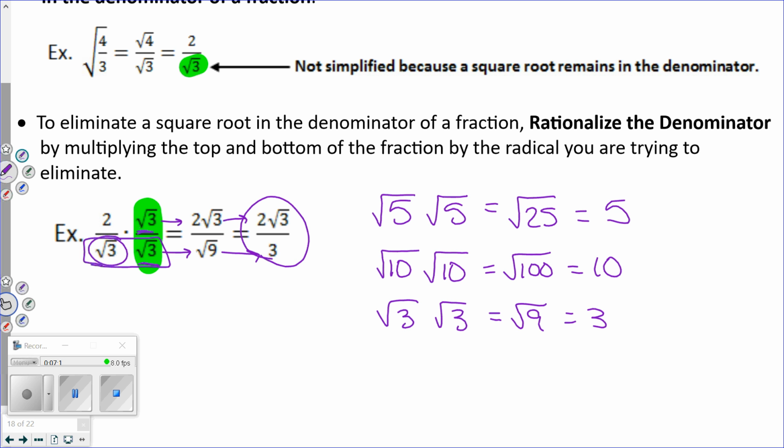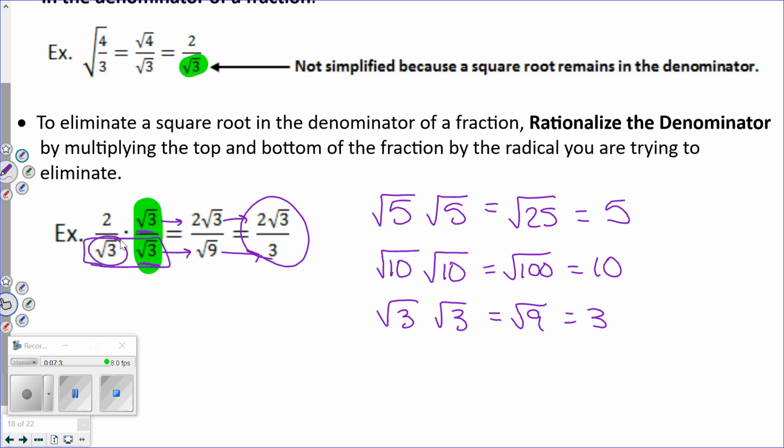Anybody noticing a pattern by now? If I have radical million times radical a million, what's that equal? It's million. Radical Jonas times radical Jonas is Jonas.